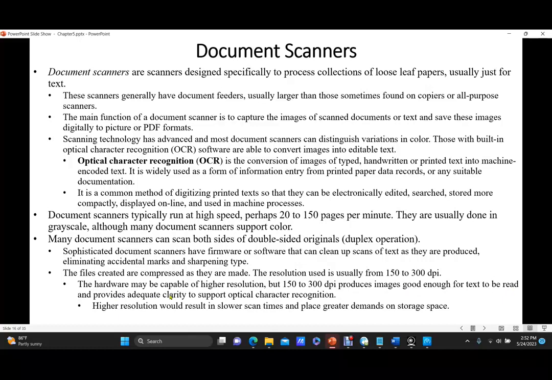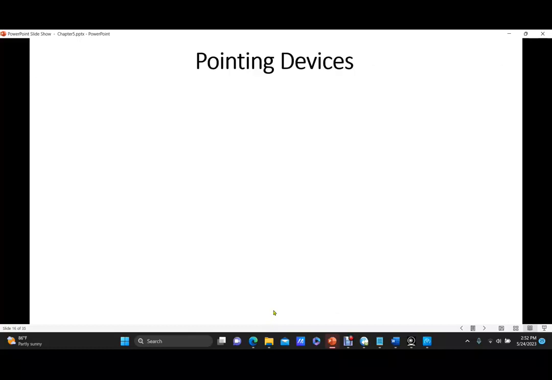It provides adequate clarity for optical character recognition. Higher resolution would result in slower scan times and would require more storage space.